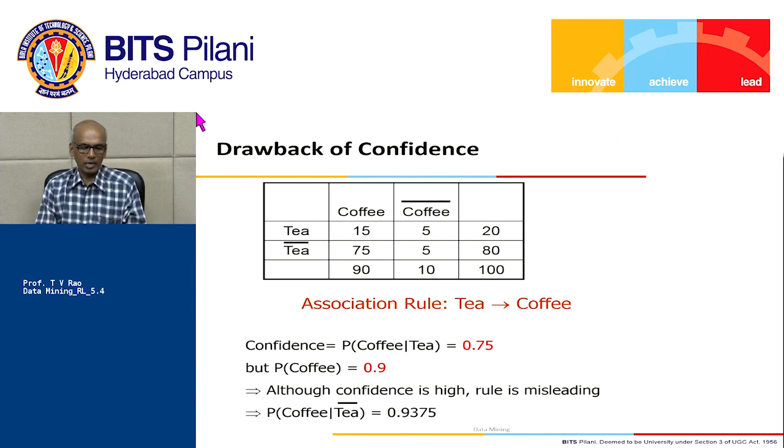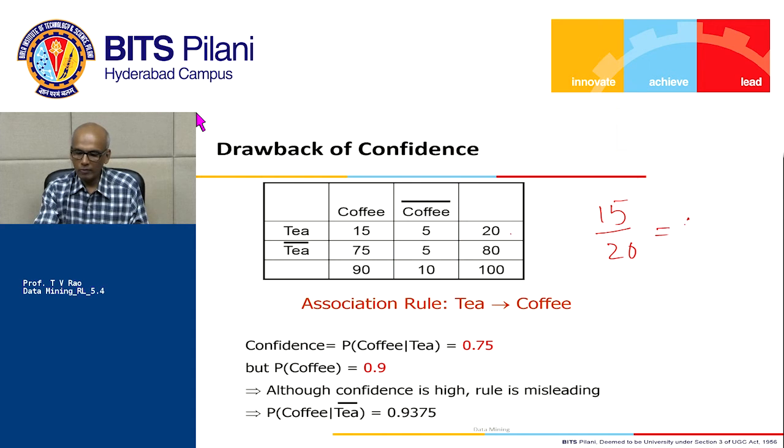Now let's look at the association rule tea implies coffee. We look at the confidence, the probability of coffee when they are taking tea. There are 20 people who take tea and out of them 15 are taking coffee, so it is 15 by 20. So the confidence is 0.75.